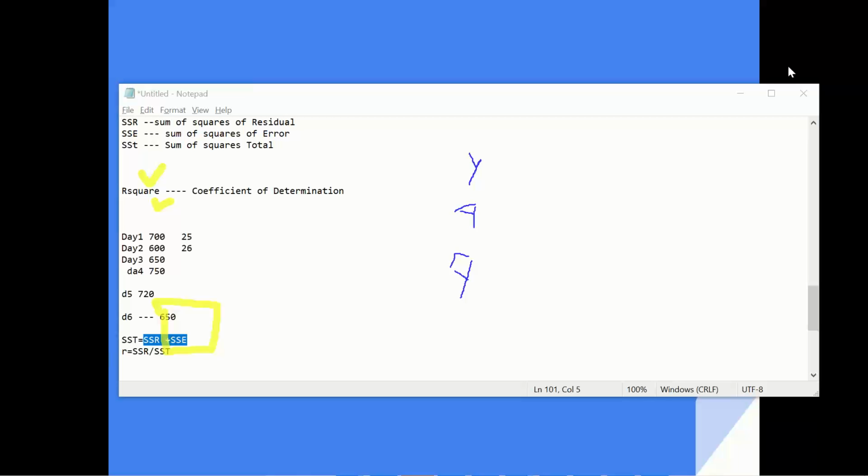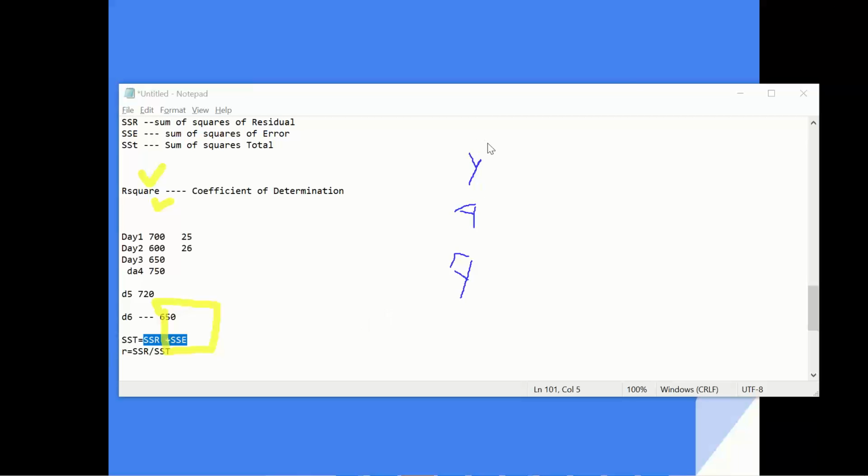Increase. Harmeet, please take a look at the formula one more time. I am saying if my SSE increases, will my R square increase or will it decrease? Right? It will decrease, because error is in the denominator.